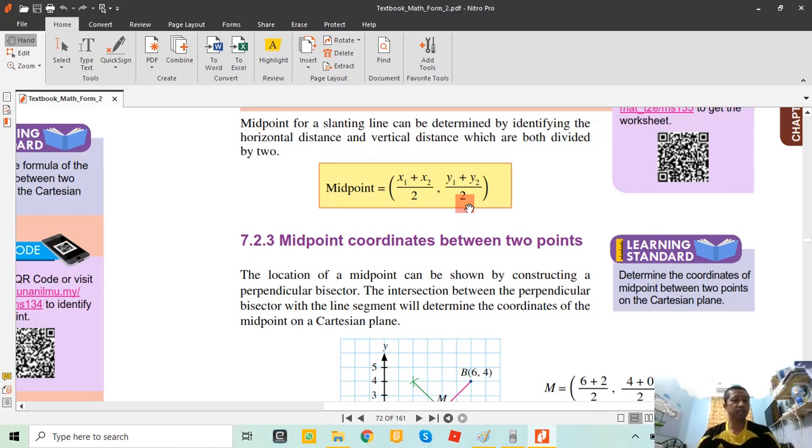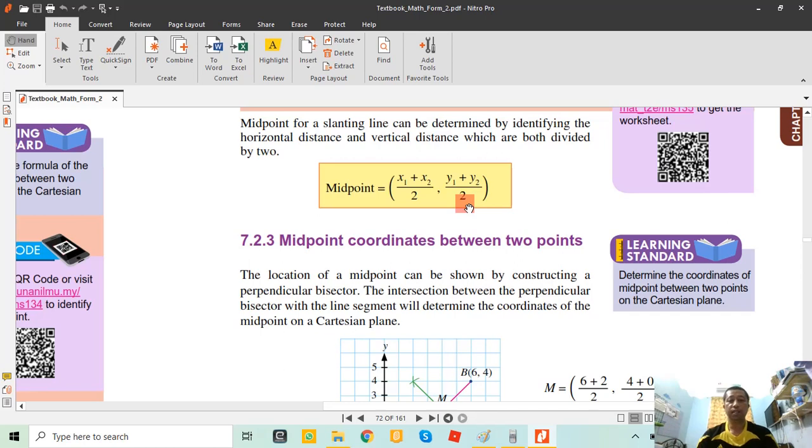Okay, so actually what is a midpoint? Midpoint is the middle point for 2 points. Example like point A and point B. So midpoint is the middle point, or we can call it as center point in the middle. Okay, so midpoint also can be on a straight line.